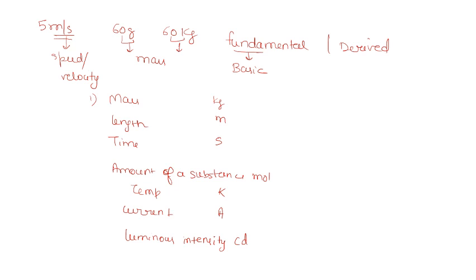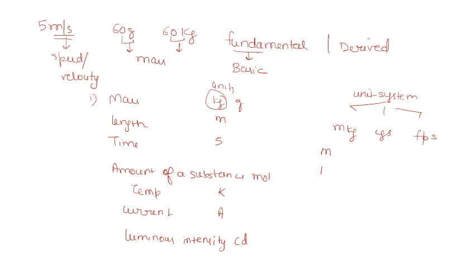Okay, so these are the units. Now, it is not exclusively kilogram, gram is also there, right? So for unit systems, we have 3 types with us. One is MKS, another one is CGS, and the last one is FPS.